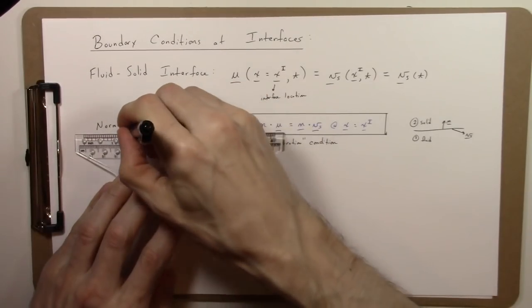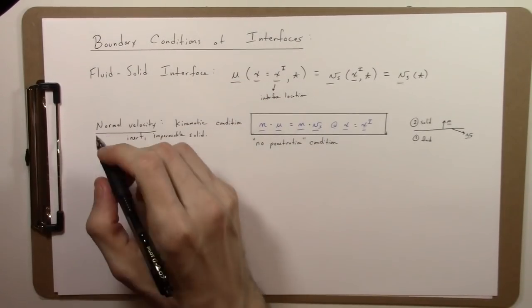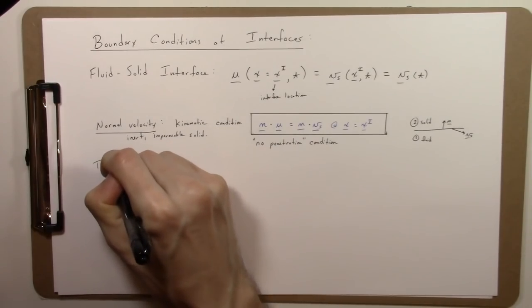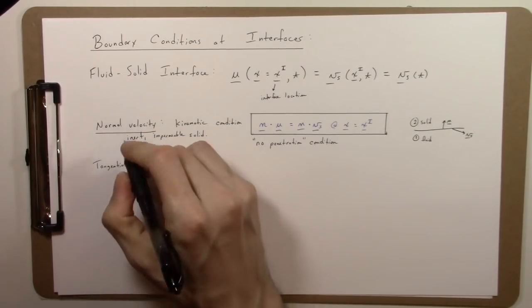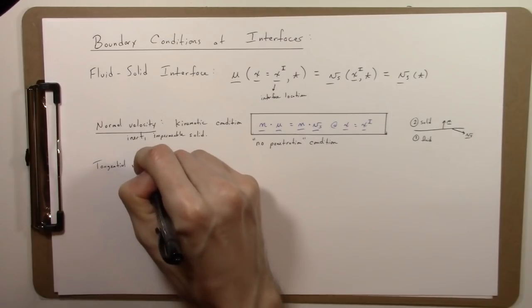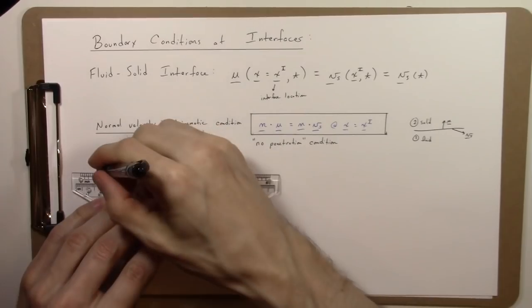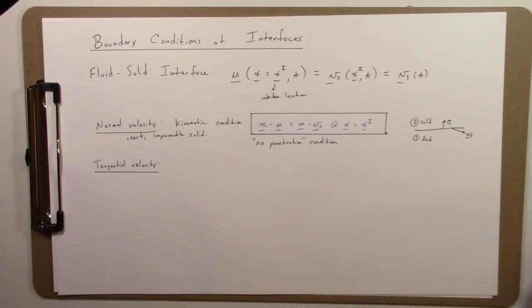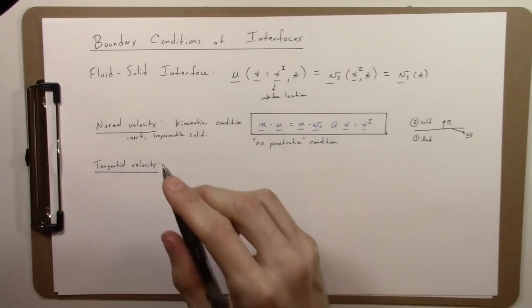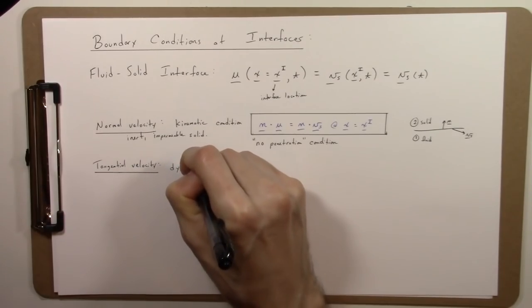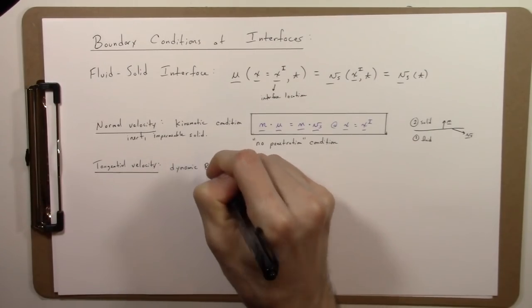We can also look at the tangential component of the velocity. The tangential velocity components being equal is what's called the dynamic boundary condition.